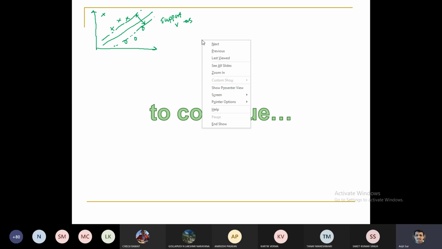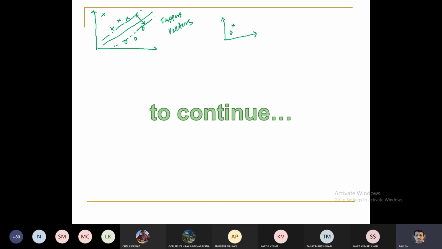And then we started with a very important question: maybe some points are not linearly separable, but in some higher dimension there may be some sort of hyperplane in between these two, which we have to see. So with this I conclude today's class.